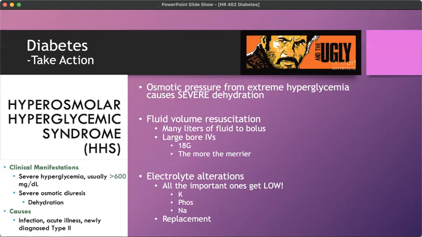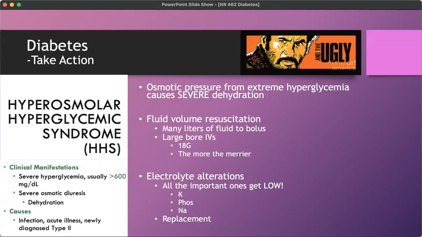Electrolyte alterations are also going to be associated with this osmotic pressure shift of fluid and all the IV fluid that we're going to give patients. So patients tend to get very hypo in their electrolytes. So hypokalemic, hypophosphatemic, hyponatremic are all very, very important. So we do monitor and replace these electrolytes as part of the treatment of HHS.